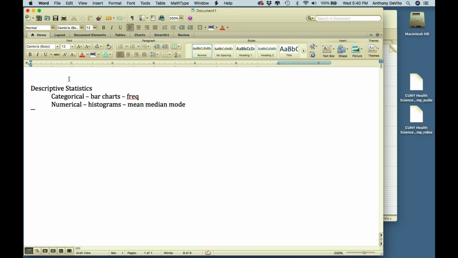Those were measures of the center of a numerical variable. Then we were also interested in how spread out that numerical variable was. In that case, we looked at range, interquartile range, percentiles, and most importantly, variance and standard deviation. I'm going to just put SD there.